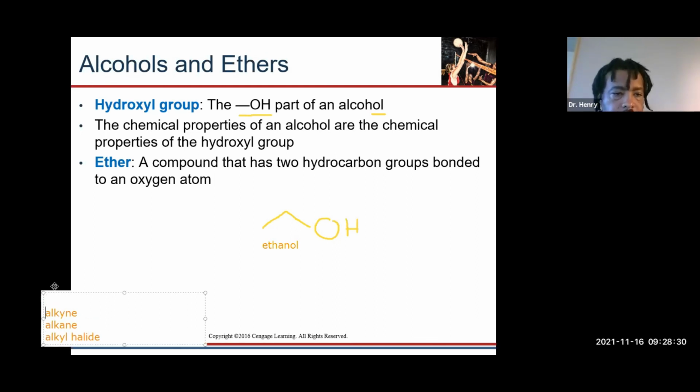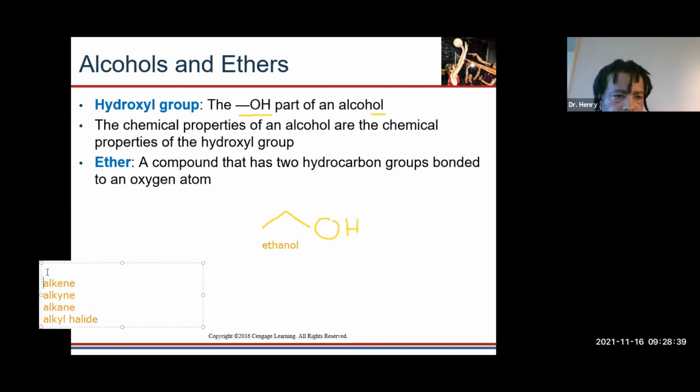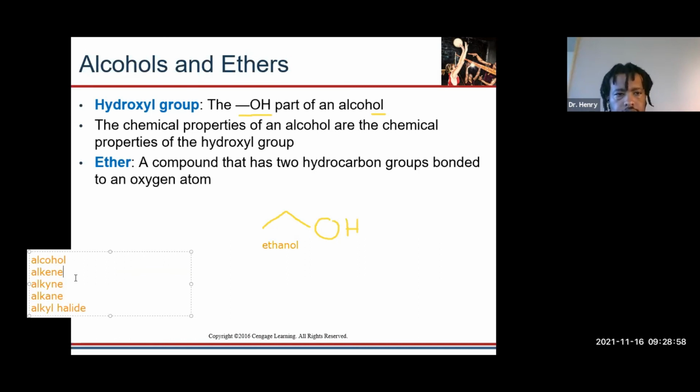And then above that, we have alkenes. Then we have alcohols.